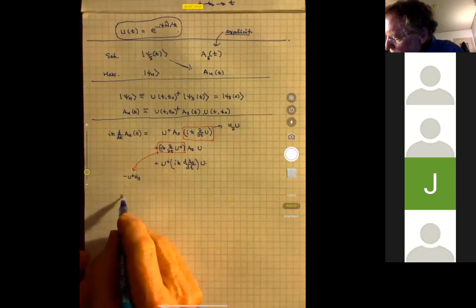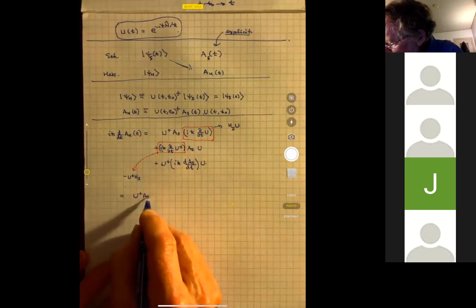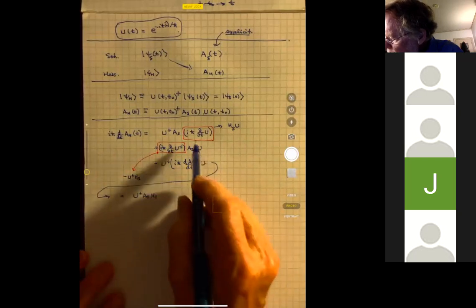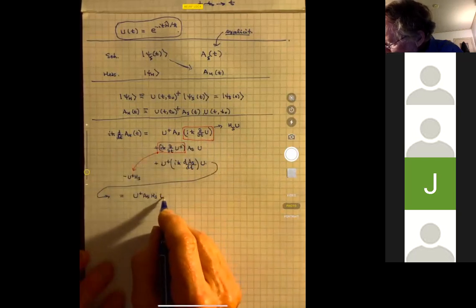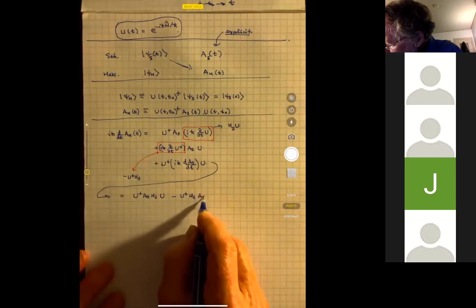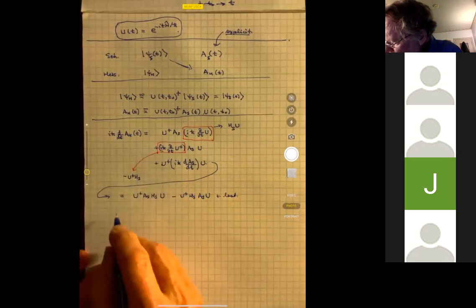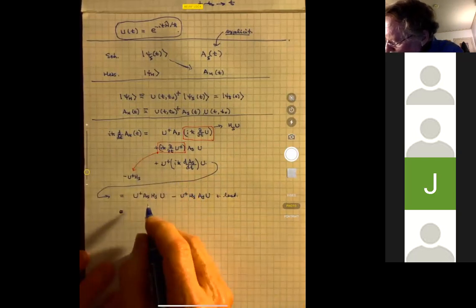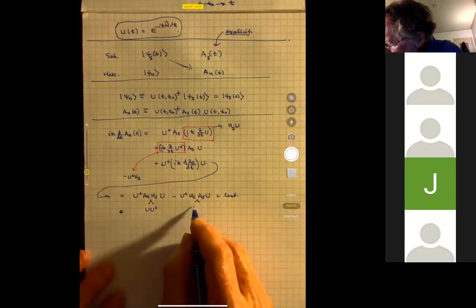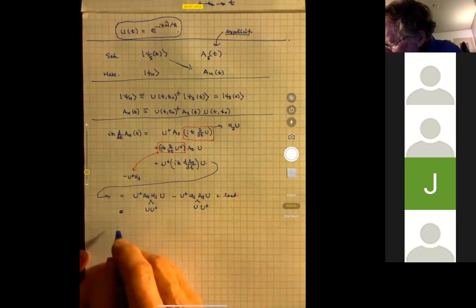So if I write this all out, the first couple of terms look like this. It looks like U dagger, A_S, H_S. I'm bringing this whole thing down here and working on the first term, and then times U. Then we have minus U dagger, H_S, A_S, U. And then we've got the last term, which I'll come back to in a minute. As far as these first two terms are concerned, let's insert a U U dagger between the two Schrödinger operators.